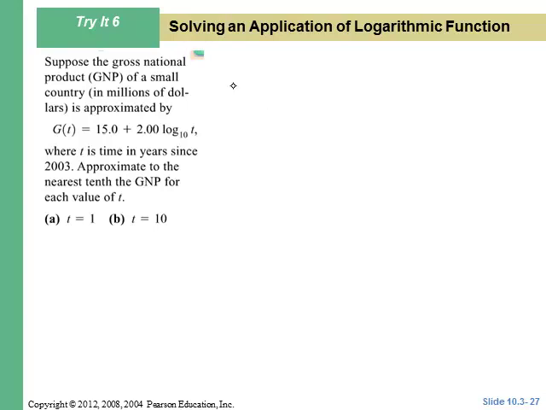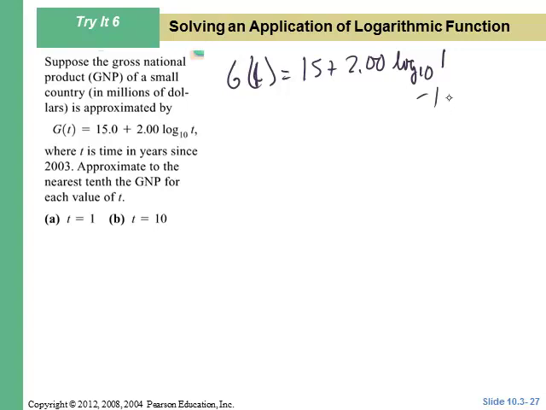T of 1, so G of 1 equals 15 plus 2.00 log base 10 of 1. Log base 10 of 1 is negative 1. Let's see.